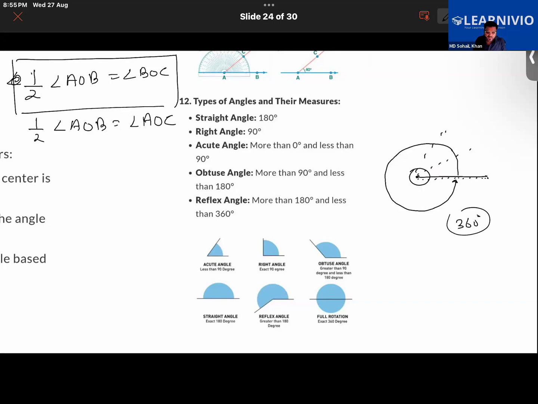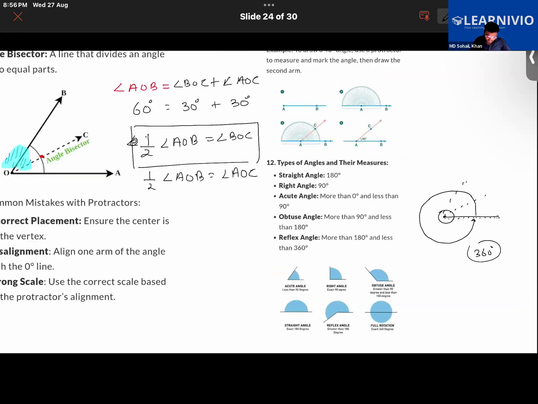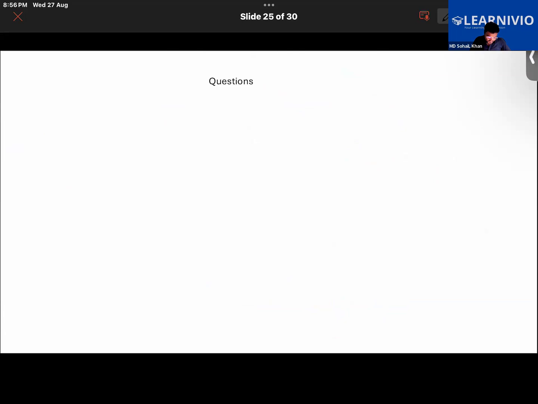Getting it now? Sometimes a question may be asked in the following manner: if the arms of the angle do a full rotation, then which angle is formed? That is 360 degree. Good. Now it's time to do some questions.